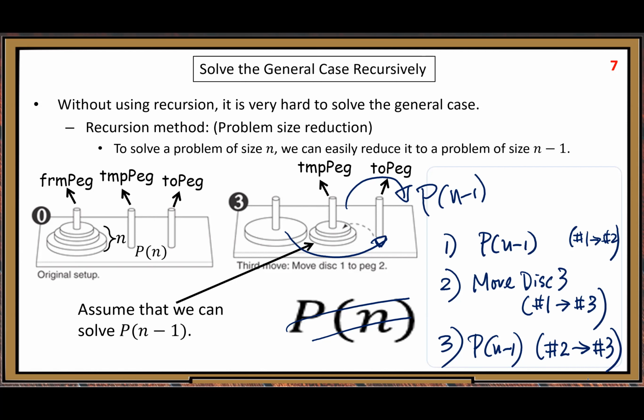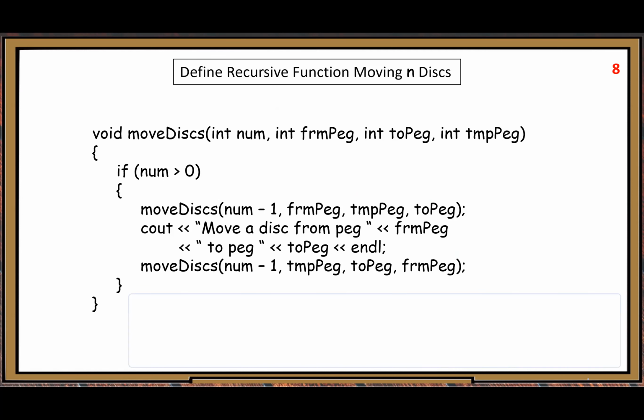Based on this recursive understanding, our pseudocode we can write in this way. Move disks function implementation. The first parameter, number of disks. How many disks do you have? You can put a number there. 100, you just put 100 there.